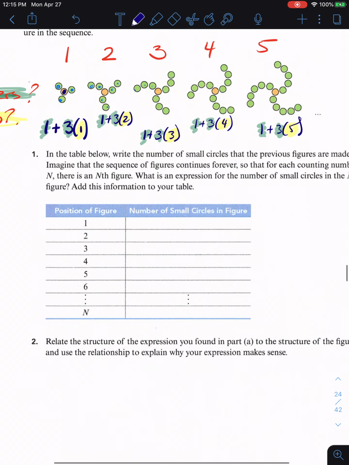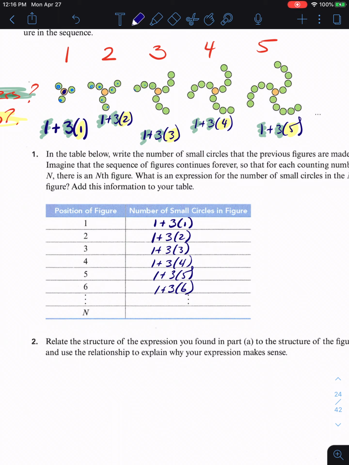And if we put it in a table, that may become even more visible. So 1 plus 3 times 1, 1 plus 3 times 2, 1 plus 3 times 3, 1 plus 3 times 4, 1 plus 3 times 5, 1 plus 3 times 6. Now notice I'm not just writing out the numbers.